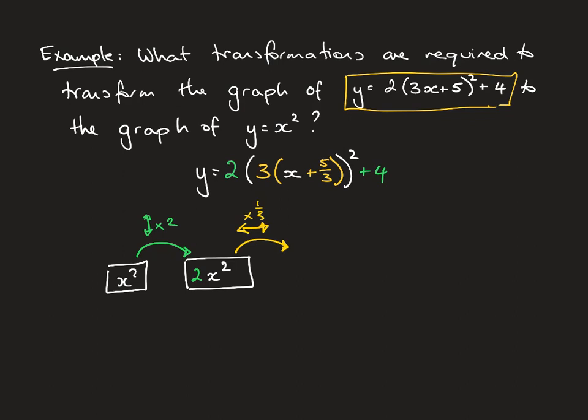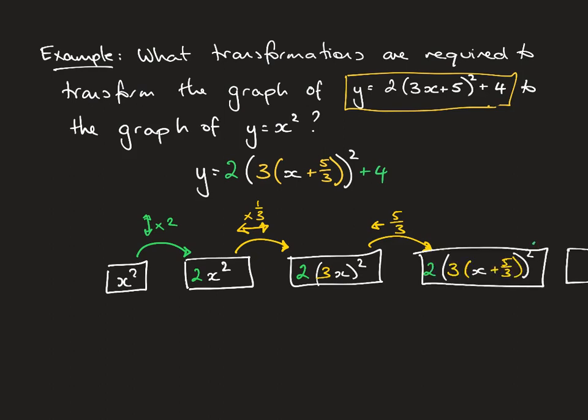So this gives me the 2 with the x with a 3 at the front, 3x. And then we moved it that direction, 5 on 3. And then finally, the last thing we did was we went up 4. And that gives us our final equation. I'll just leave that sitting off there.